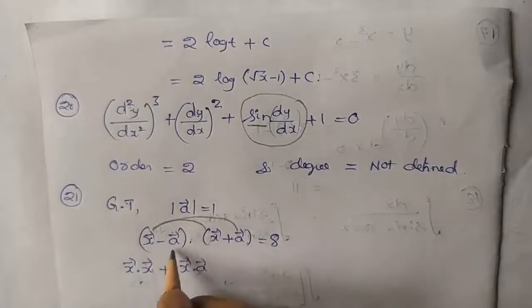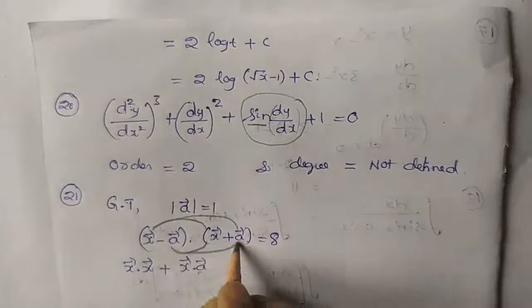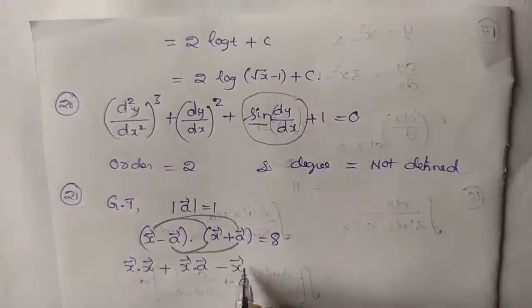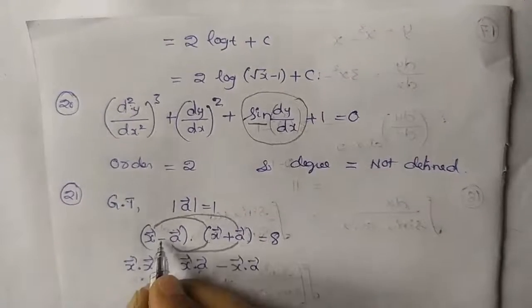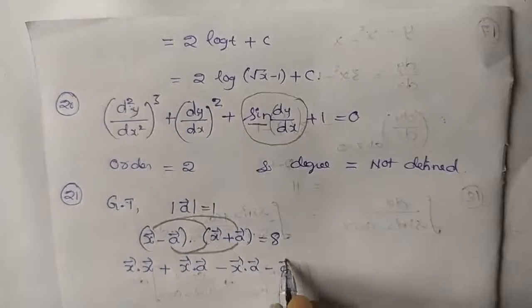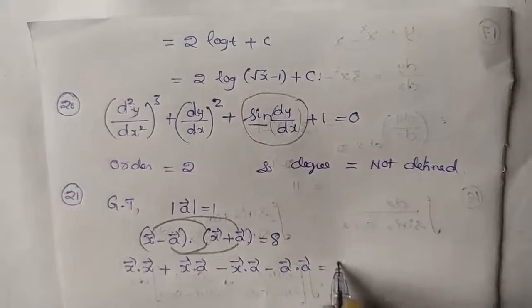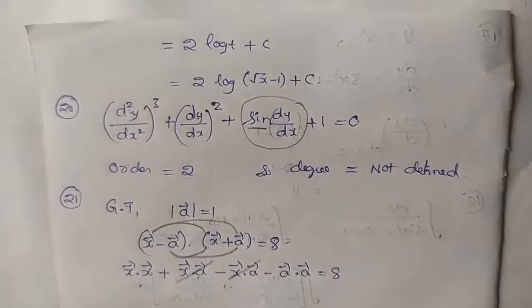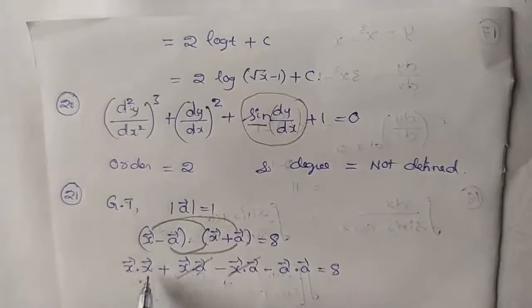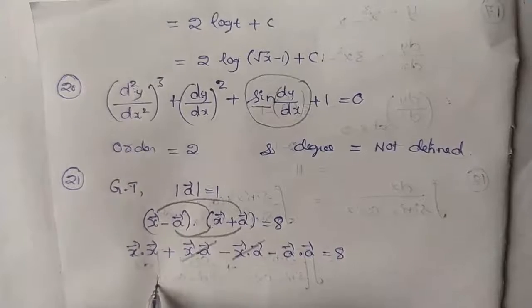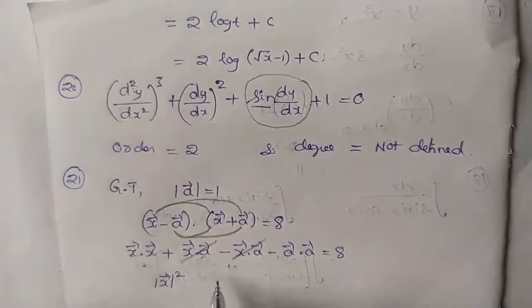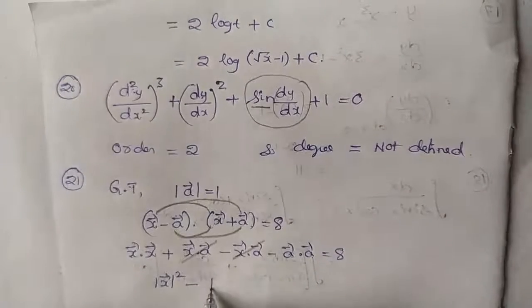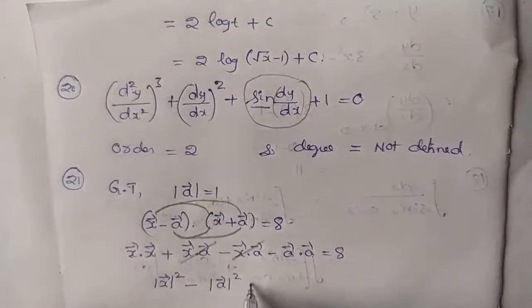Next, similarly apply minus a vector: minus x vector dot a vector, and minus into plus is minus, a dot a equals to 8. Now the x dot a terms will get cancelled. x dot x is magnitude of x square, minus a dot a is magnitude of a square, equals to 8.